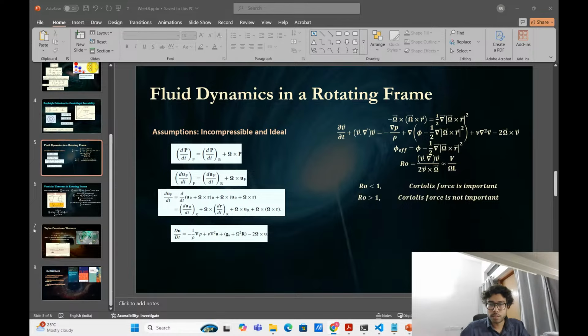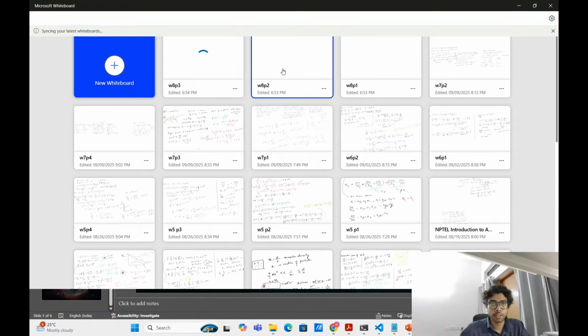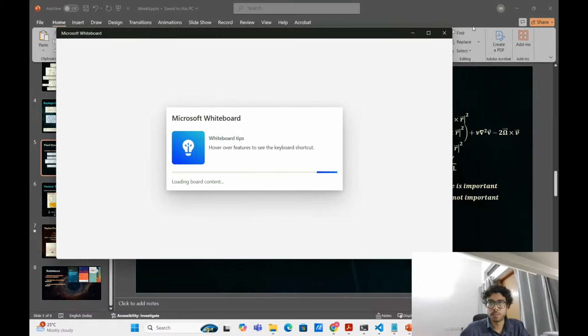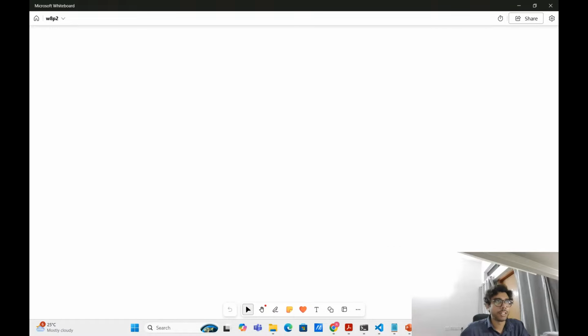Now, just to show a derivation of how this equation comes about, this is actually given in the Goldstein book, but you can refer to any book for this. Let me just show you.